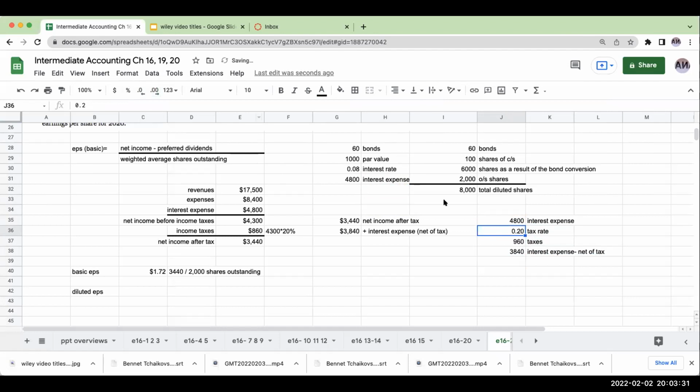Okay. So for my numerator, this is going to be $7,280.